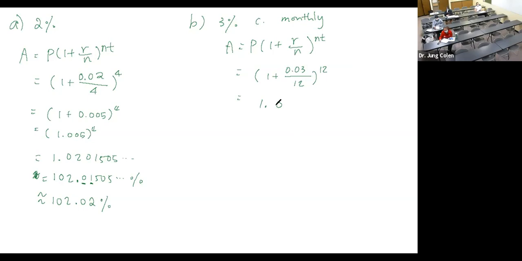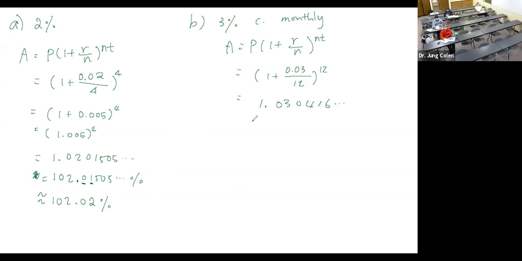Let's do that again. Hold on, 0.03 divided by 12. That's 1.0025 to the 12th power. We got 1.030416. Yes, it shows only 16 because it's programmed that way, but there are more digits after the decimal point.